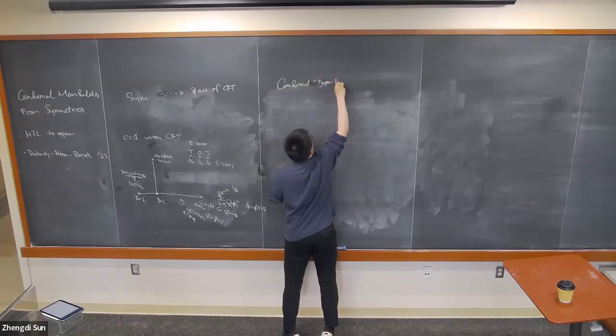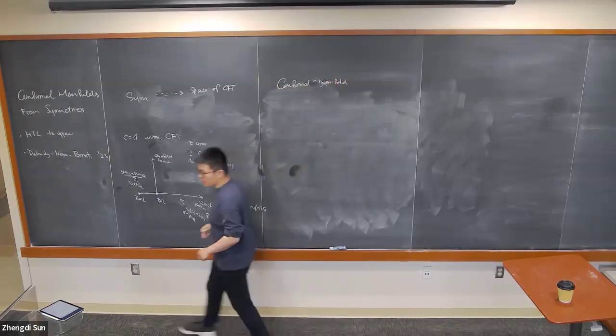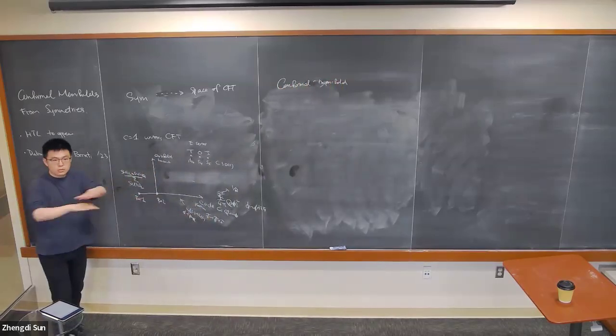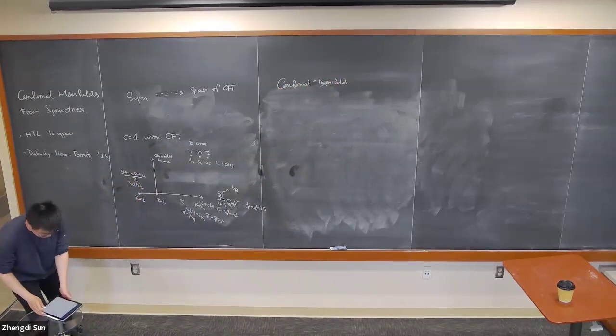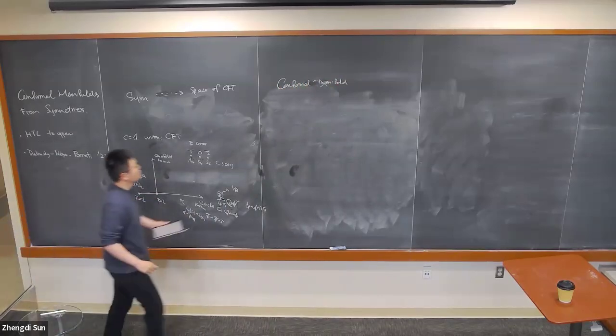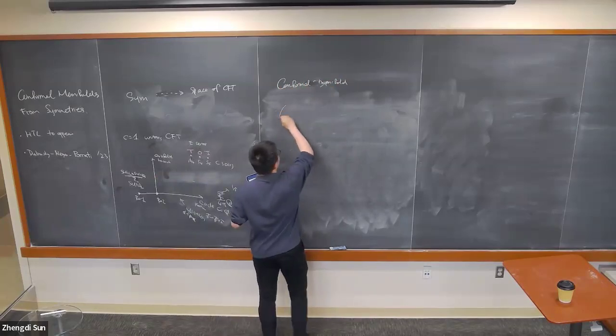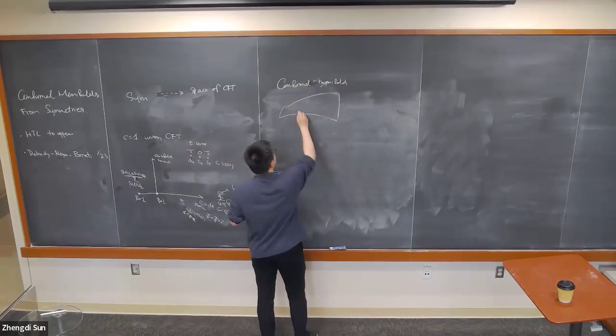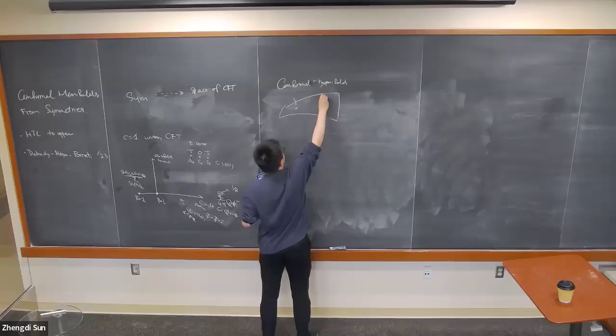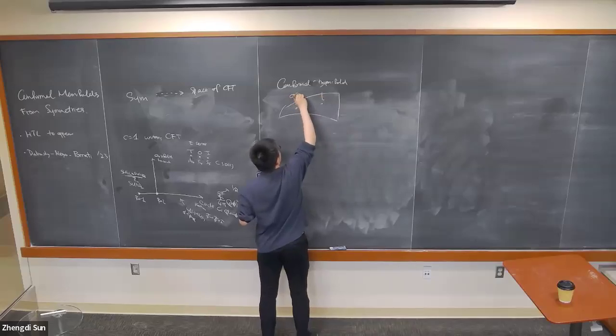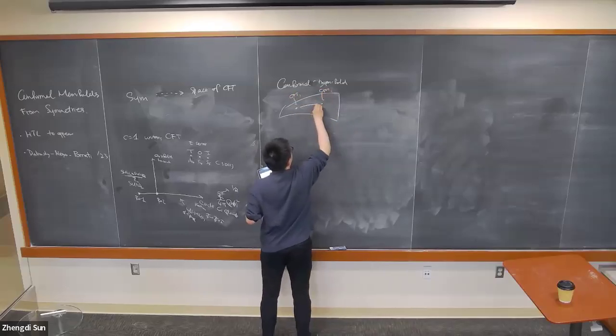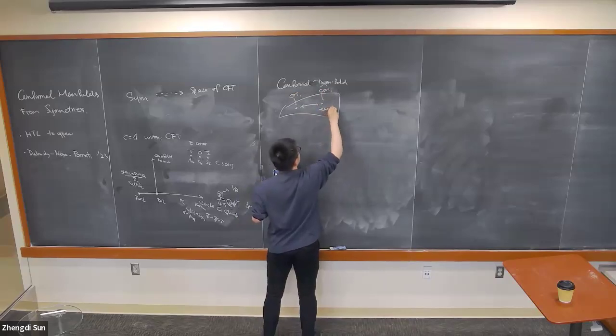Conformal manifolds are basically CFTs that are continuously connected to each other by exactly marginal deformations. The way we think about this is that there is a manifold, and at every point on the manifold the theory is some CFT, and we can connect them by exactly marginal deformations.